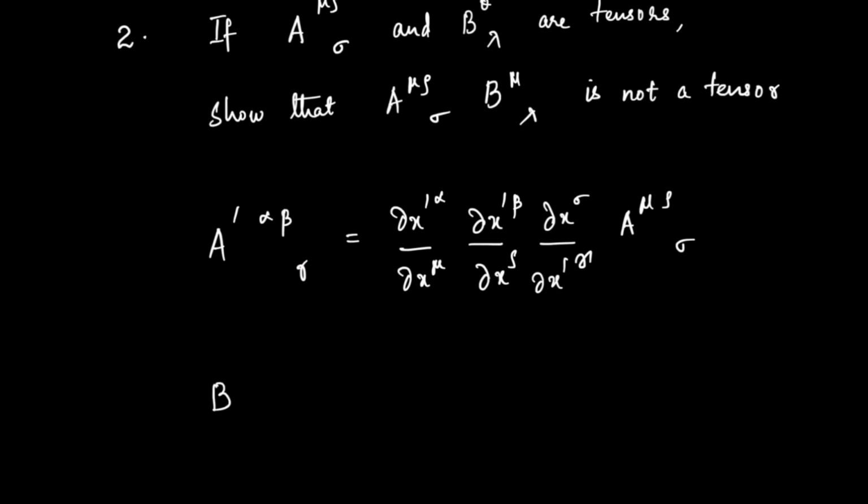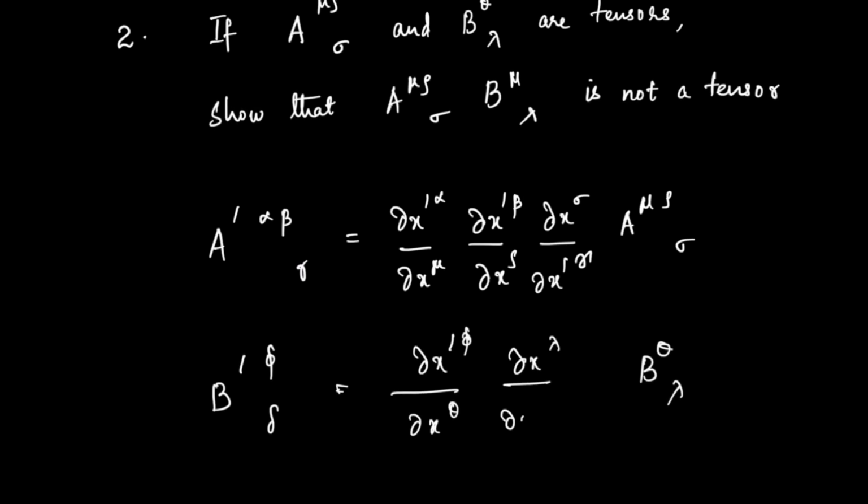Now I have to write for B theta lambda. Right? So B prime phi delta and B theta lambda. I have to write partial derivative of x prime phi with respect to x theta, partial derivative of x lambda with respect to x prime delta.